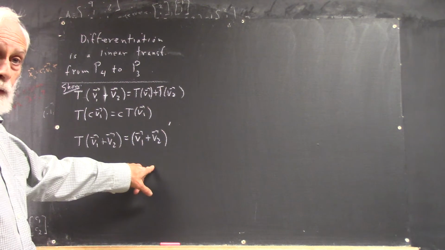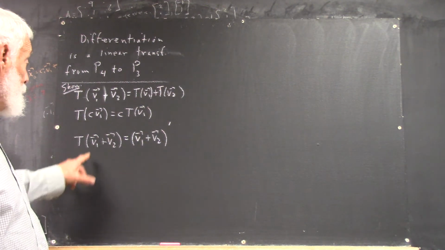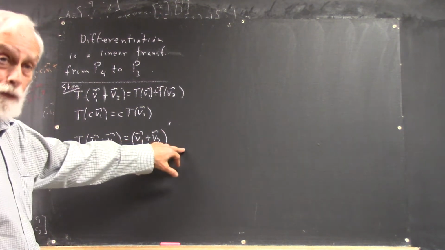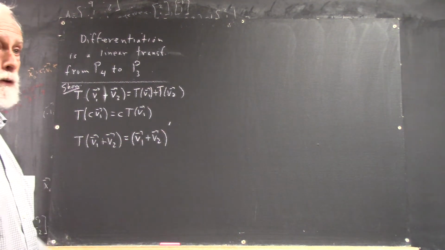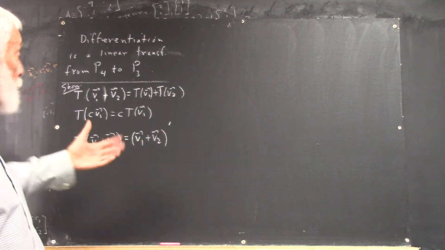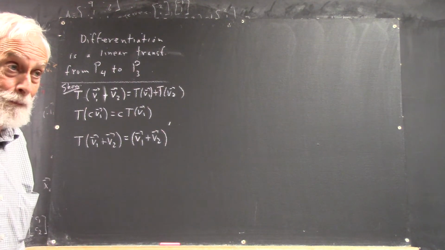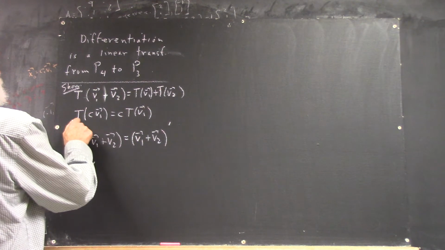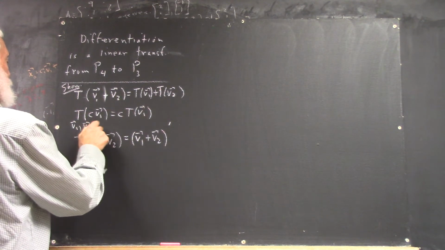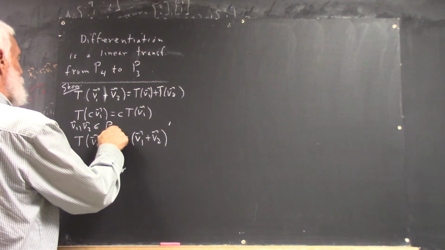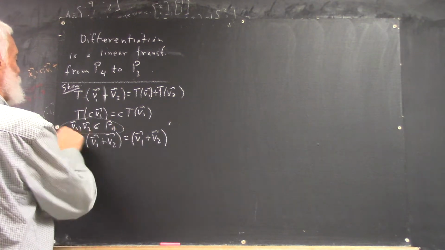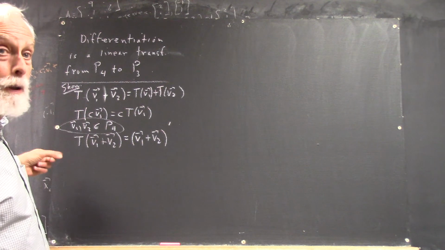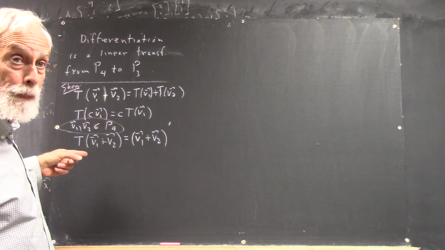using the prime for the derivative, the transformation of V1 plus V2 is the derivative of V1 plus V2. V1 and V2 are both polynomials, okay? So we say V1, V2 are members of the space P4, meaning that they're polynomials of degree 4.